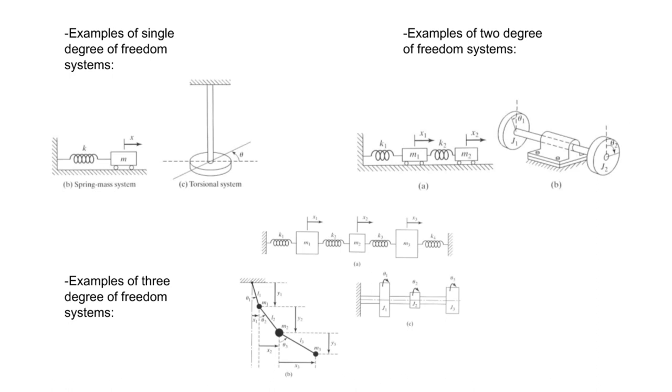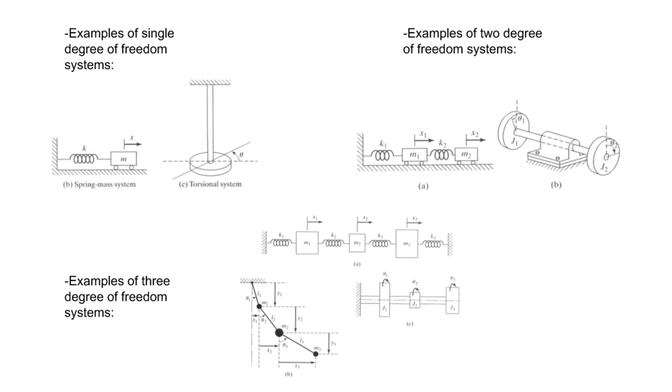Examples of these are shown in the first two diagrams, B and C, in which there is one spring and one mass, and in C one disc is attached to one shaft. In the B diagram, the spring mass system, the mass is displaced by distance x, and that x is the only variable needed to define the motion of the system. That's why it is a single degree of freedom system.